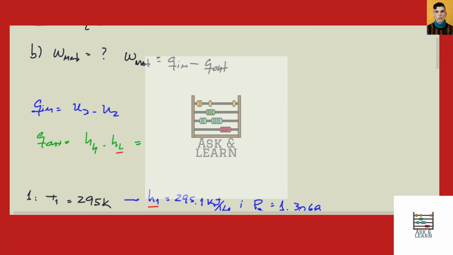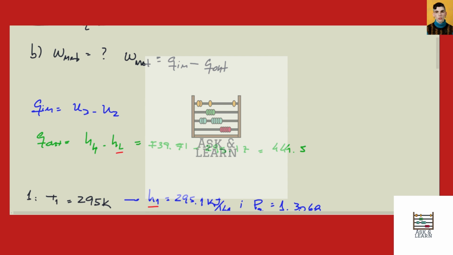Therefore, the heat output is going to be 739.71 minus 295.17, which gives us 444.5.